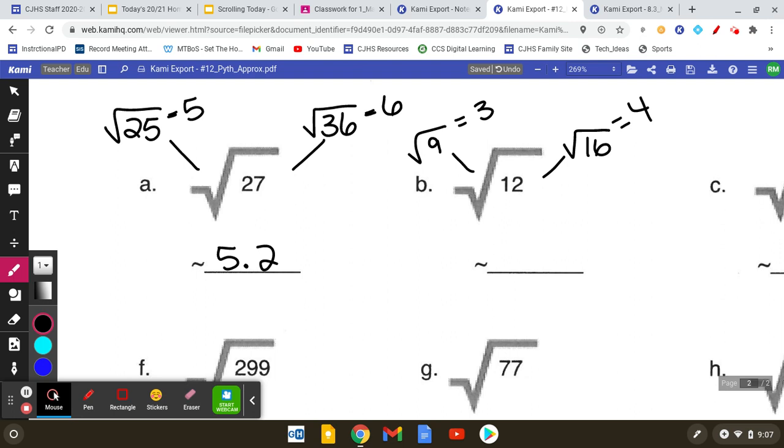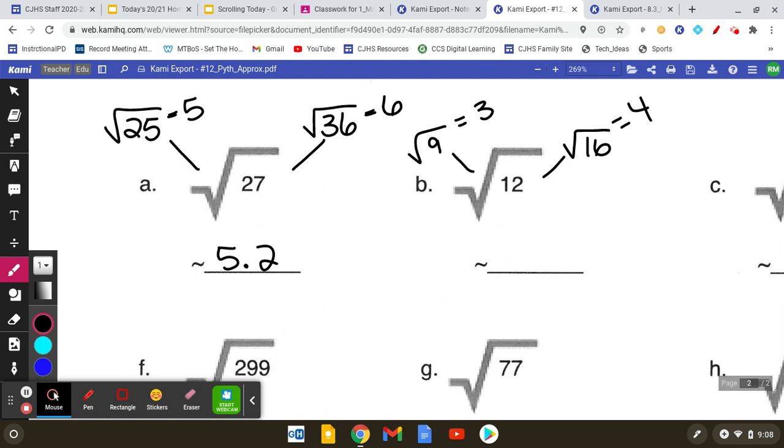Is it closer to the 9 or to the 16? So if we have square root 9, then we'd have square root 10, square root 11, square root 12, square root 13, square root 14, square root 15, square root 16. So this is 3, this is 4, and this is where we're at. Kind of closer to the 3, right? But it's kind of in the middle.